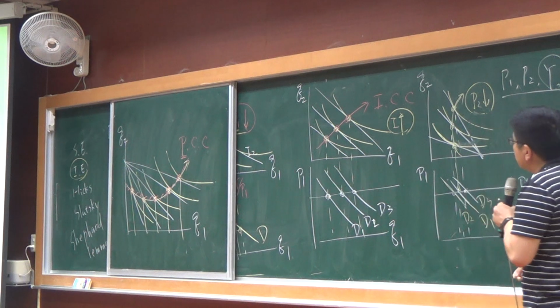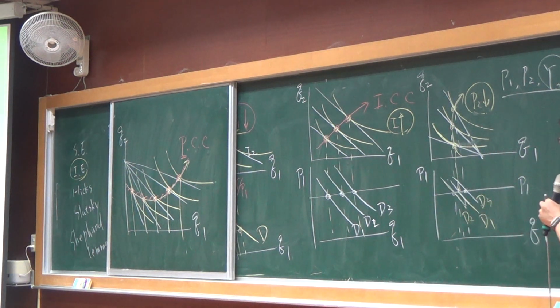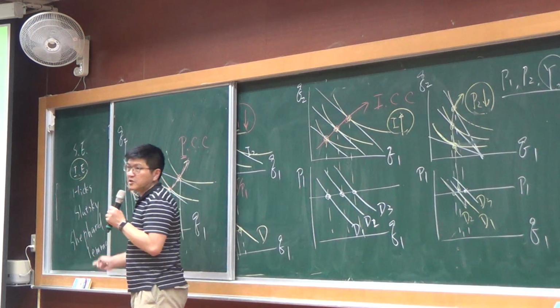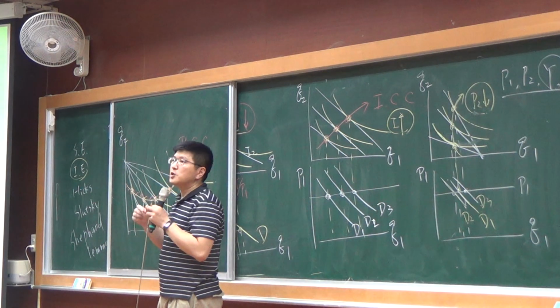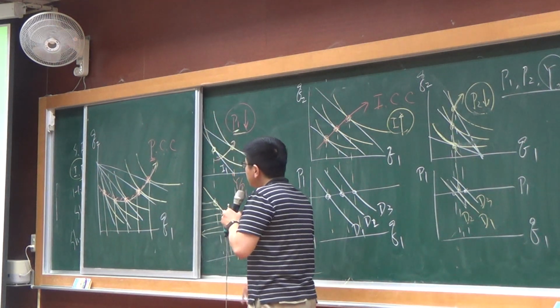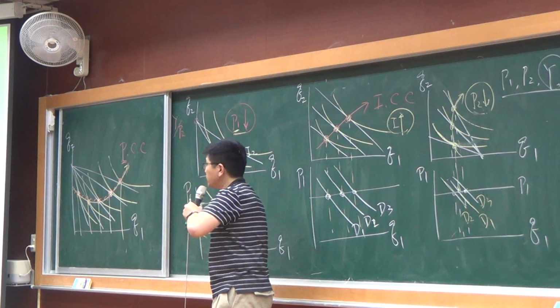You may think it's weird why we may have this kind of result. But once you understand the difference between substitution effect and income effect, you will perfectly understand why. Which will be the topic next week.